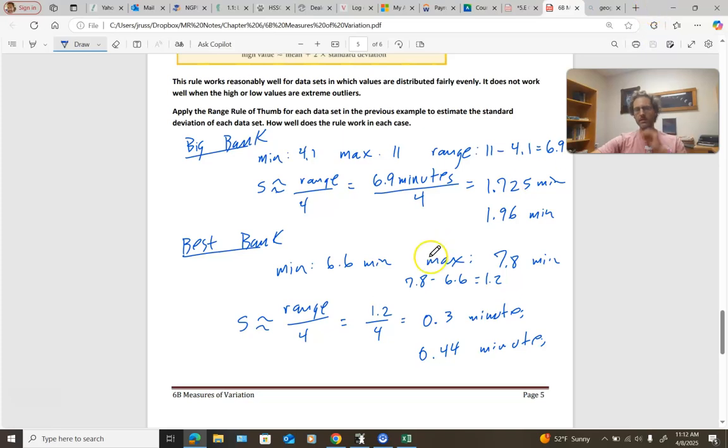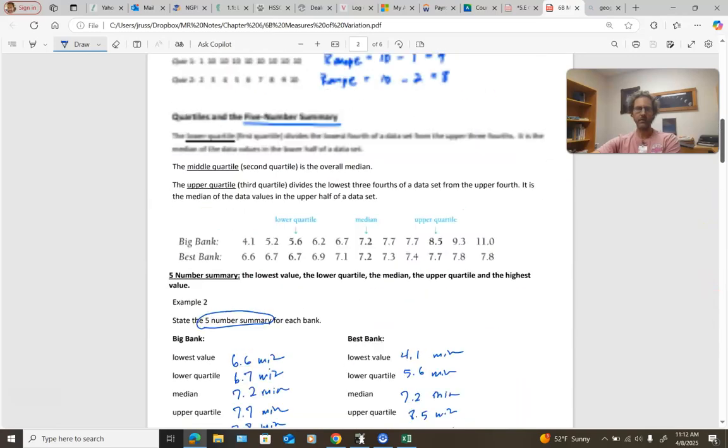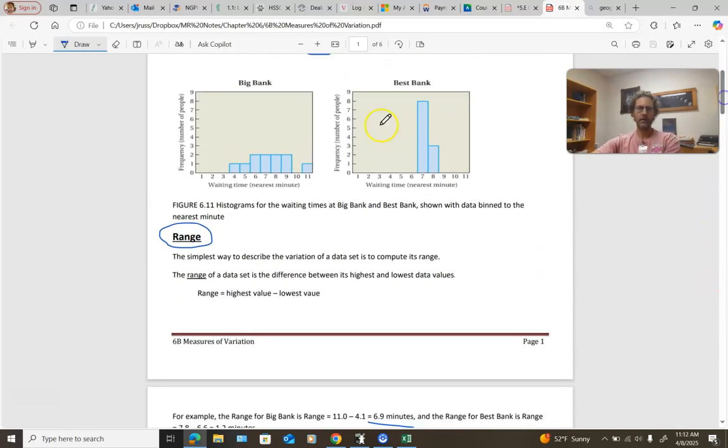But again, like I said, this really depends on your data set being fairly evenly distributed or fairly symmetric. This data set is actually fairly close to being symmetric, and this one is also fairly symmetric.